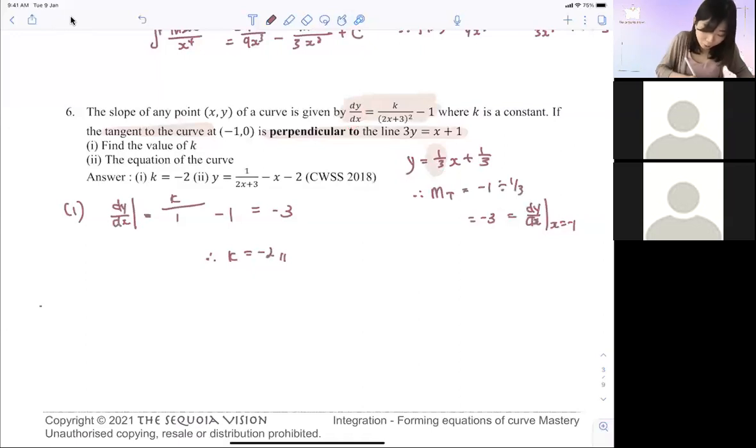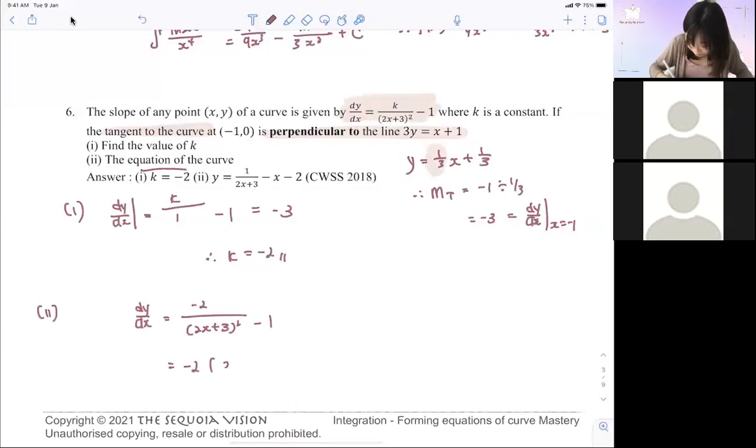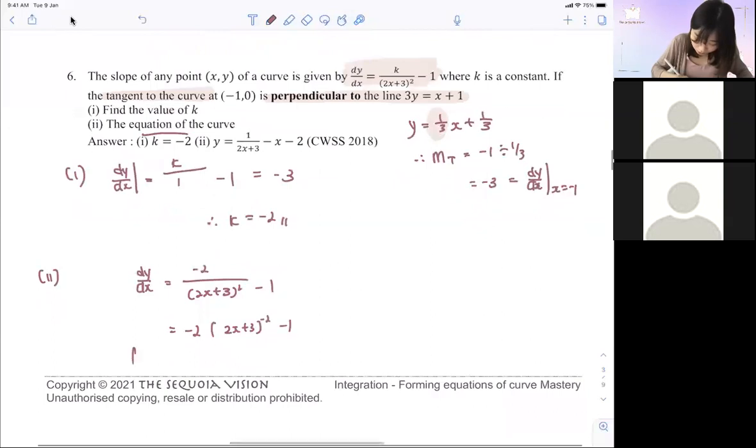All right, then for part 2, now that you have dy over dx and you have k, you want to find the equation of the curve. I write it in power form first, then we can integrate, right? y is what you get when you integrate dy over dx.